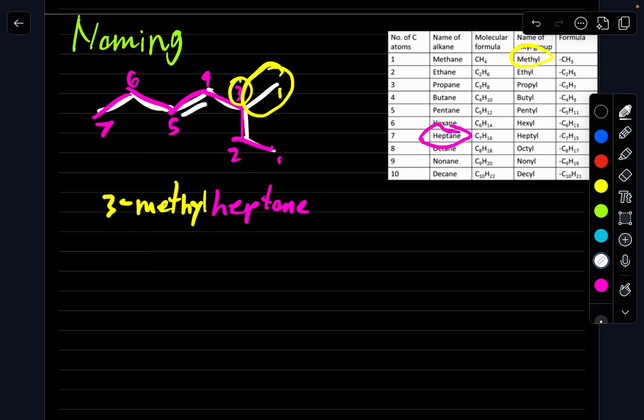And so this would change the ending from ane to ene. And if we count the number of the bonds, it is on bond number 4, so it would be hept-4-ene. And similarly, if this was a triple bond instead of a double bond, you would change the ending to yne, so Y-N-E instead of ane or ene.